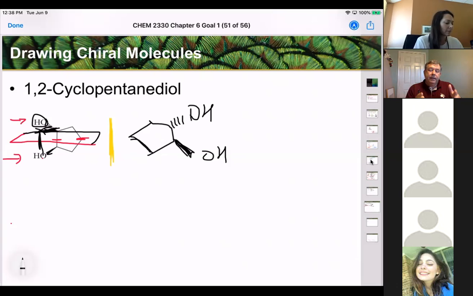So in the cyclic structures, it happens more often, and you can cut through the middle of a bond or through an atom itself. It doesn't matter. So that's one of those tricky things about finding that plane of symmetry, is being able to think you can cut through atoms, you can cut through bonds.